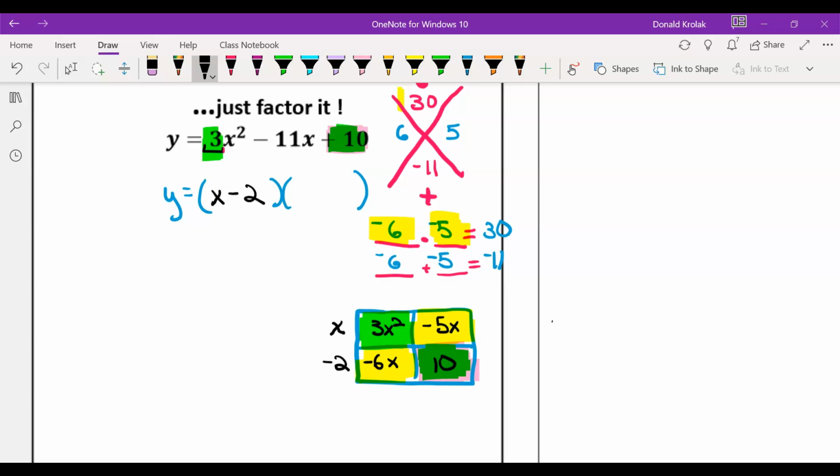So what we're doing is these two things are our GCFs, greatest common factor. Now you're going to do it for these two columns. These have an X in common, and the GCF between those two terms is 3.